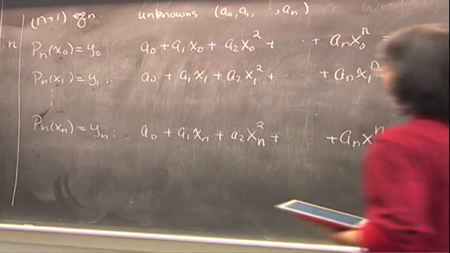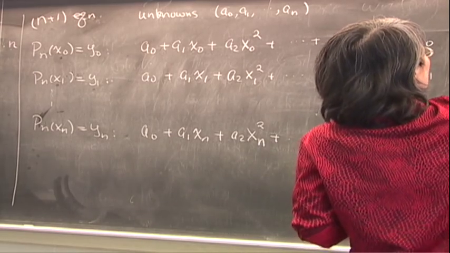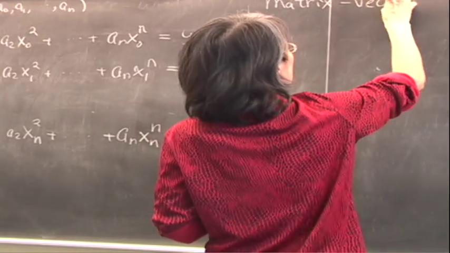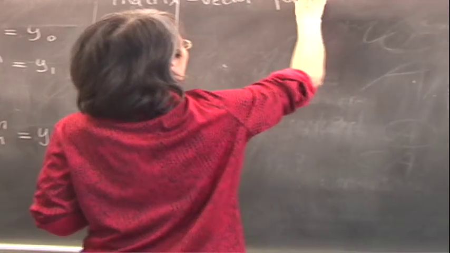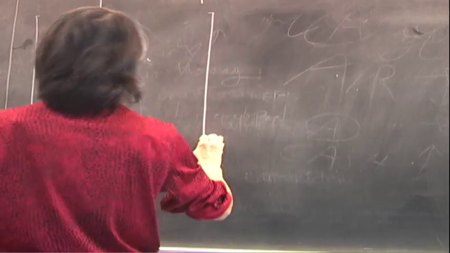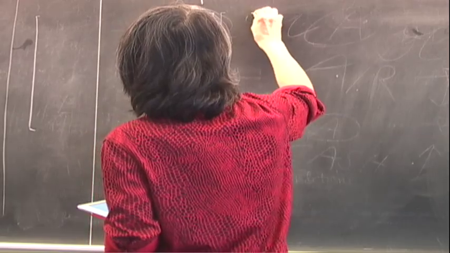So you go to MATLAB, you say, help me out, can you help me solve it? So as we saw last time, we should write it into matrix vector form, right? Then it's easy, that's what MATLAB is designed for. So let's do this. If I want to write it into matrix vector form, we did it last time. So I will have an n plus 1 times n plus 1 matrix, and then I will have an unknown vector.